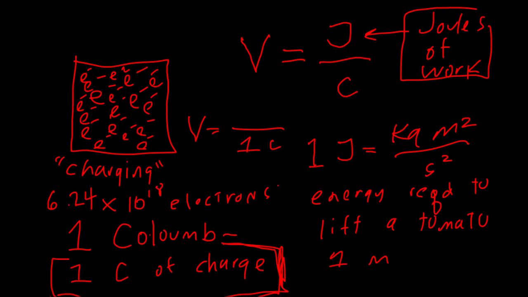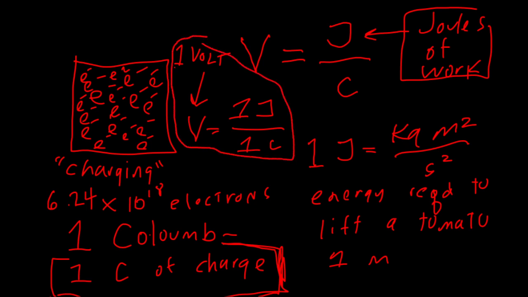And this 1 coulomb of charge can lift a tomato 1 meter, so 1 joule. You have created a representation of what 1 volt is. Another way to think of this: 1 volt is equal to 1 joule over 1 coulomb.